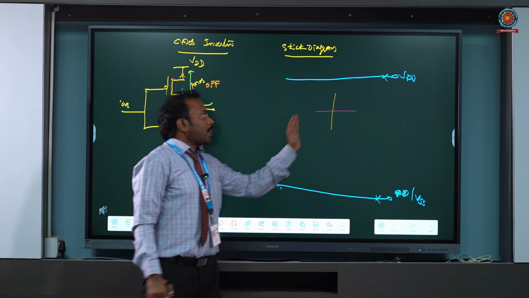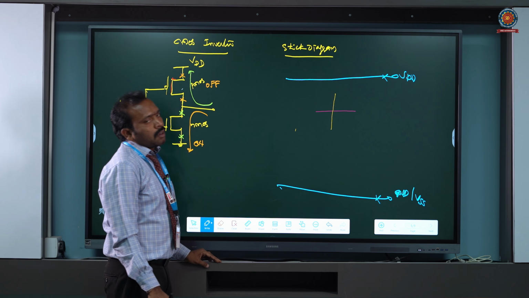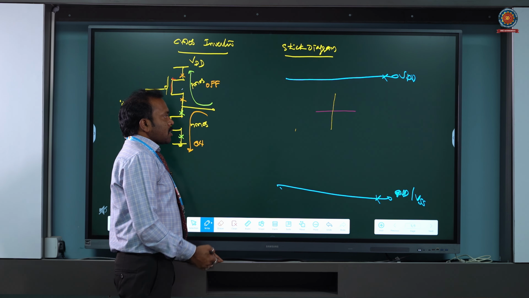So red over yellow, or yellow over red, will form a PMOS transistor.